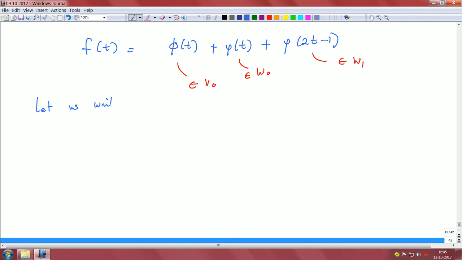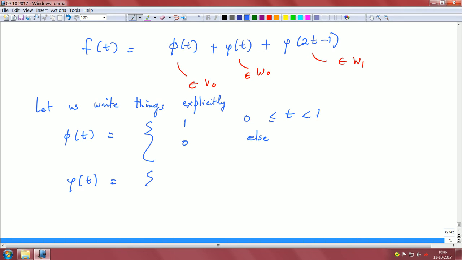Let us write things explicitly. So, now phi of t, how does this function look? This is 1 for 0 less than or equal to t less than 1, 0 else. Now, this psi of t is 1 for 0 less than or equal to t less than half, minus 1 between half and 1.